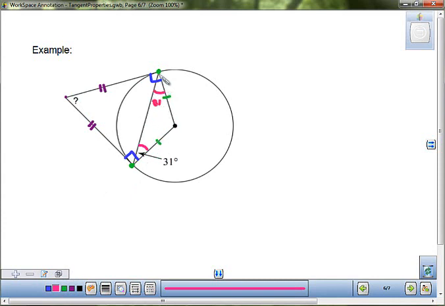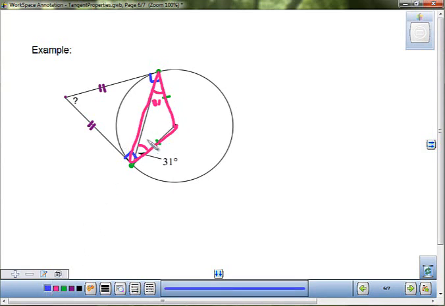So I can go ahead and look at this portion of my kite, this triangle created, and find the central angle, and then I would know 3 angles of my quadrilateral that I could add and subtract from 360. So first I'm looking at just the triangle. 31 and 31 is 62, subtracted from 180 is 118.